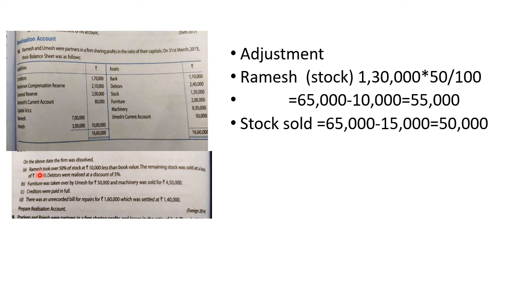Let's see the first adjustment. Ramesh took over 50% of the stock at 10,000 less than the book value. What is the book value of the stock here? 1,30,000. He is taking 50% of the stock. That means 1,30,000 into 50 upon 100, that is 65,000, less 10,000. That means 55,000.